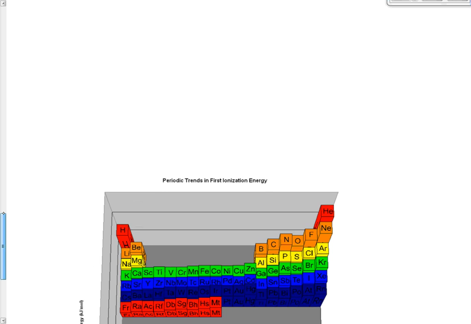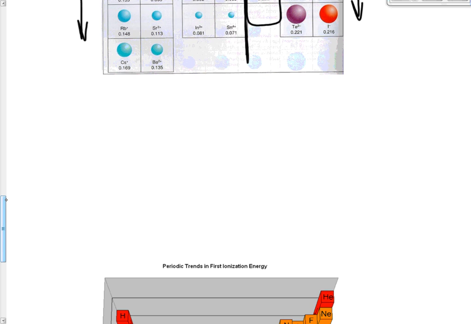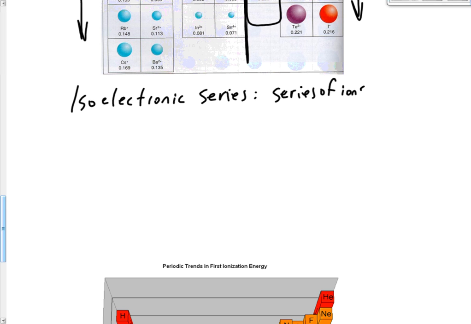Actually, before we go to ionization energy, let's talk about isoelectronic series. That is just a series of ions or elements that have the same number of electrons.